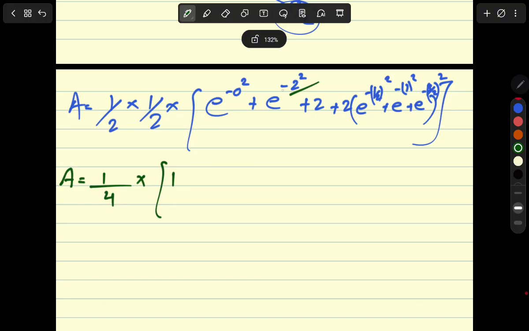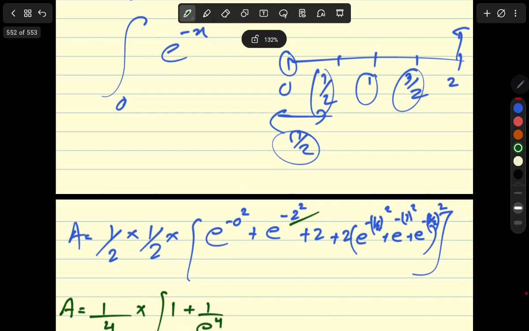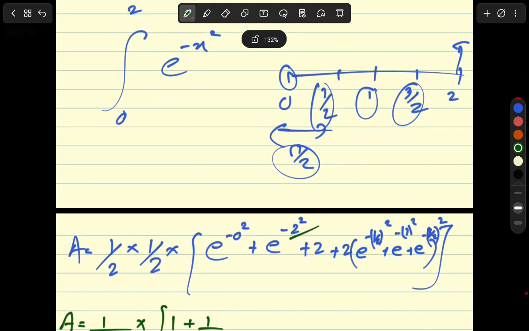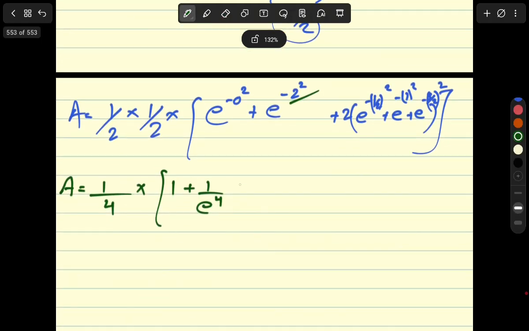So 2 squared is 4, minus 4, so this becomes 1 upon e to the power 4, and then plus twice of this thing. So this one is half, so e to the power of minus 1 upon 4, or 1 upon e to the power of 1 upon 4.